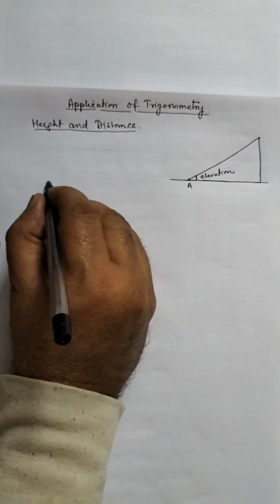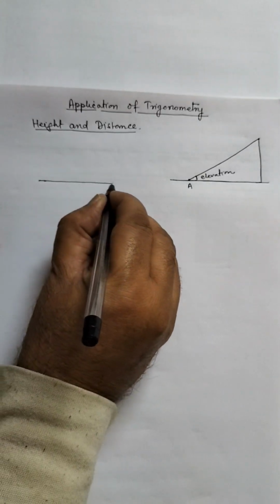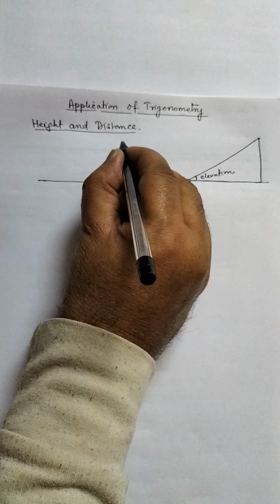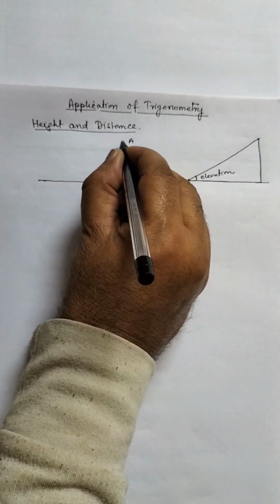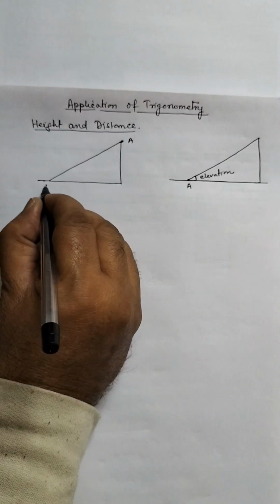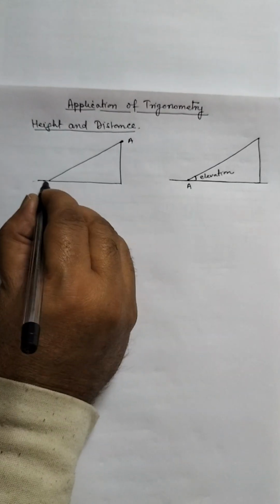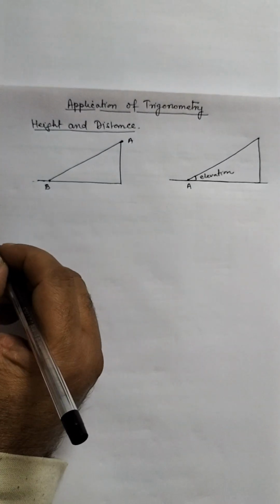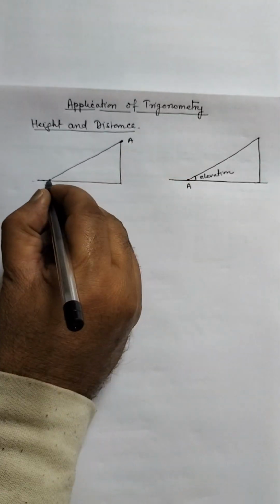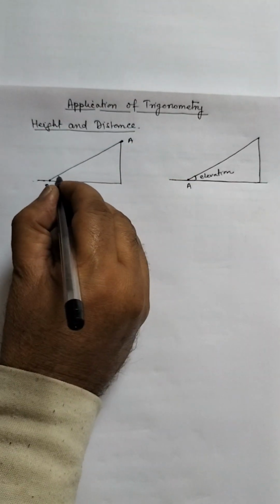Another situation can be, if this is the ground and this is a building and the observer is at the top of the building and he watches a car coming on the road at B, then from the top point he is looking at the lower point.